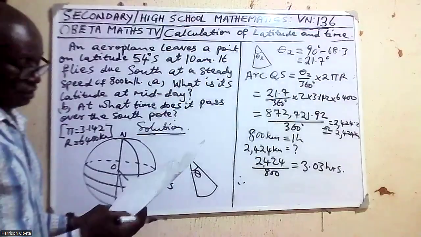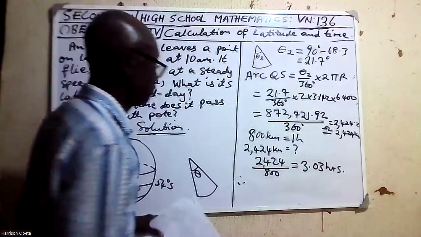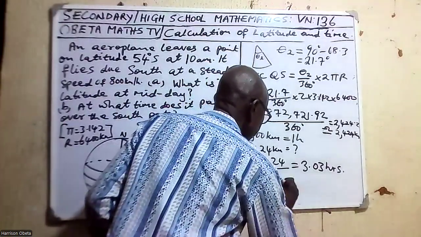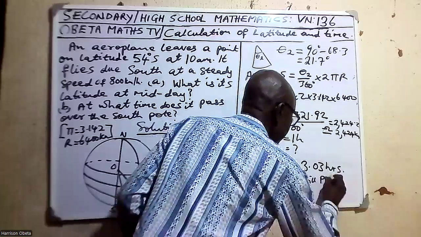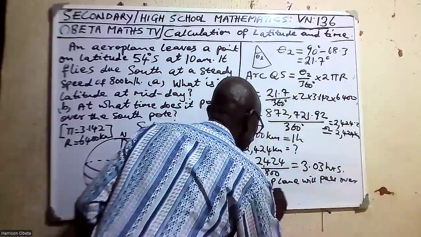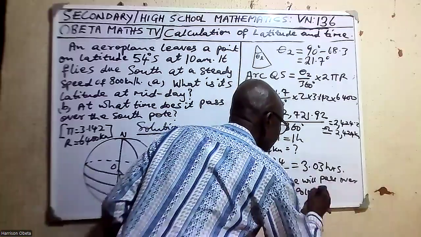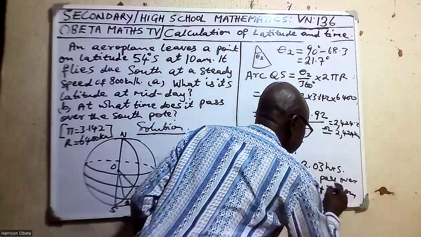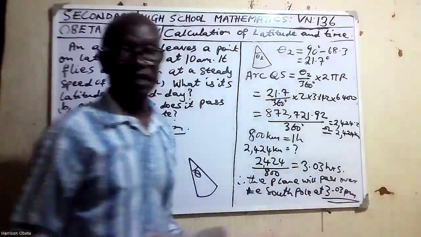So if you add 3 hours, that will be 3.03 p.m. Therefore, the plane will pass over the South Pole at 3.03 p.m. And that's the final answer.